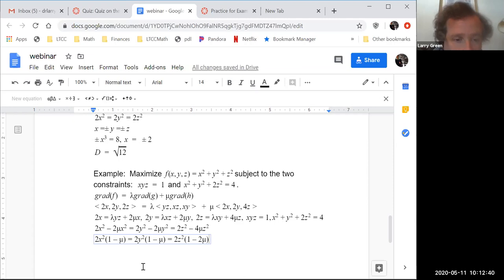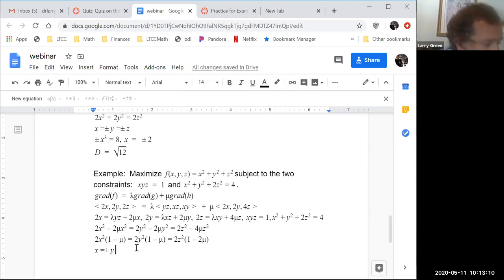Any questions on that? All right, well, the first equation there tells you x is plus or minus y, just divided by 1 minus mu. Any questions on that?